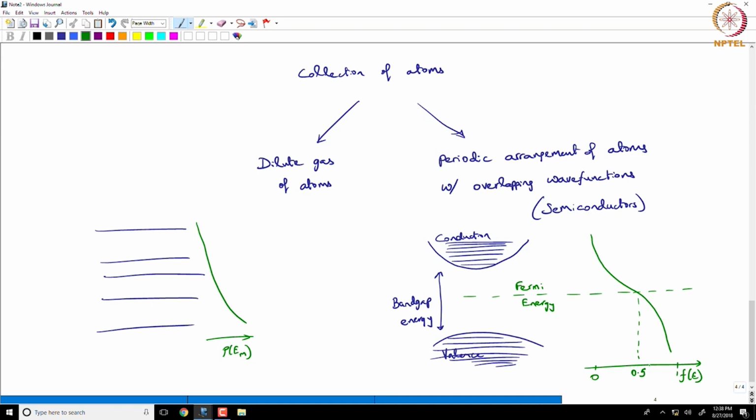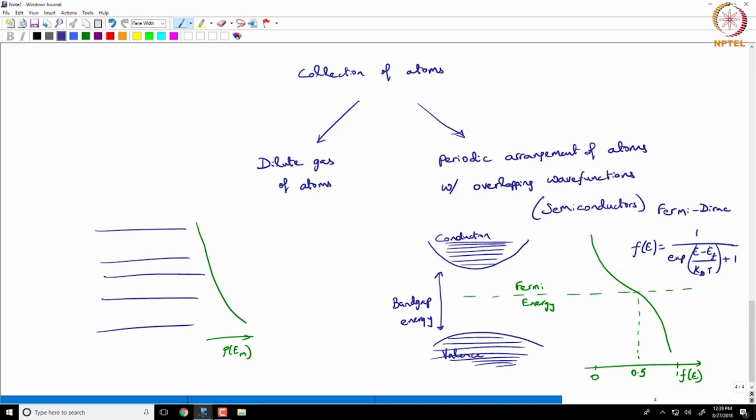And in this case, when we define that f of E, it follows what is called a Fermi-Dirac distribution, which is given by f of E is 1 over exponential of E minus EF over kBT, plus 1.